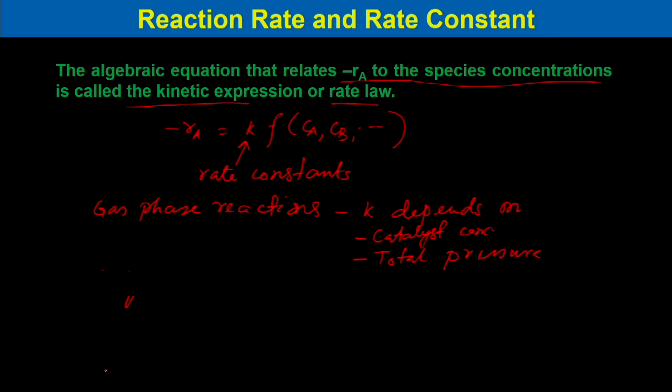of Arrhenius law. So, the Arrhenius relation says that k depends on the temperature as k is equal to k naught times e to the power minus Ea by RT. Here, k naught is the frequency factor, Ea is the activation energy, R is the gas constant and T is the temperature.